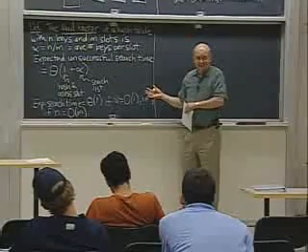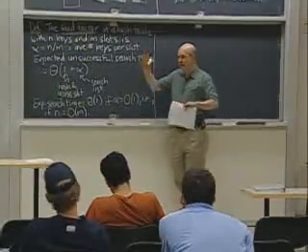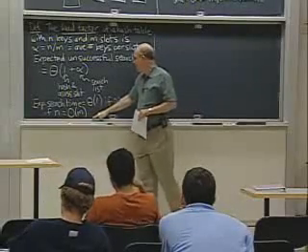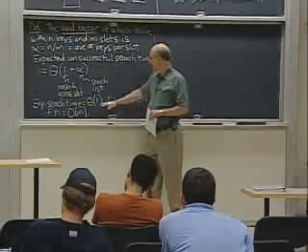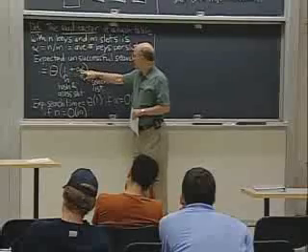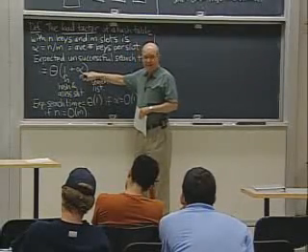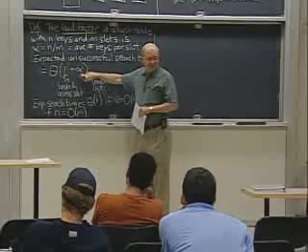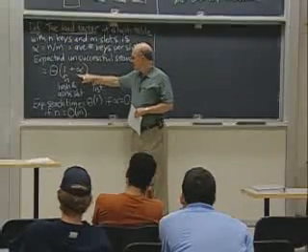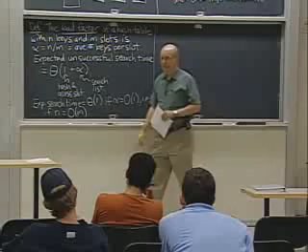Since this is 1 plus n over m, it actually grows with n. So unless you make sure that m keeps up with n, this doesn't stay constant.